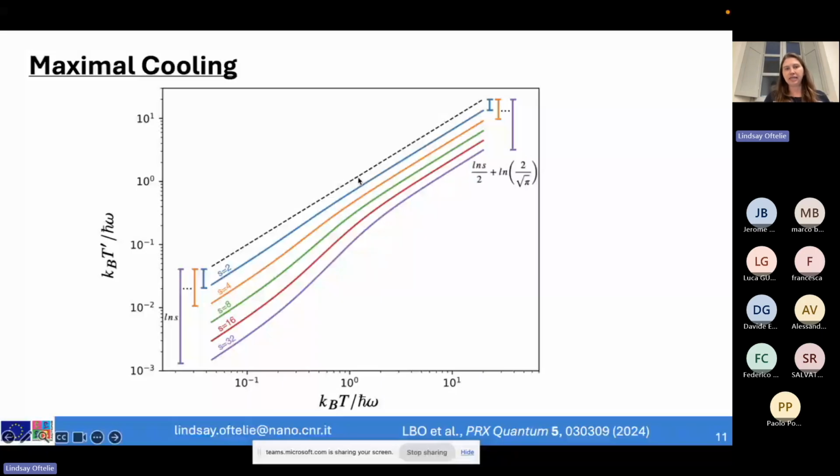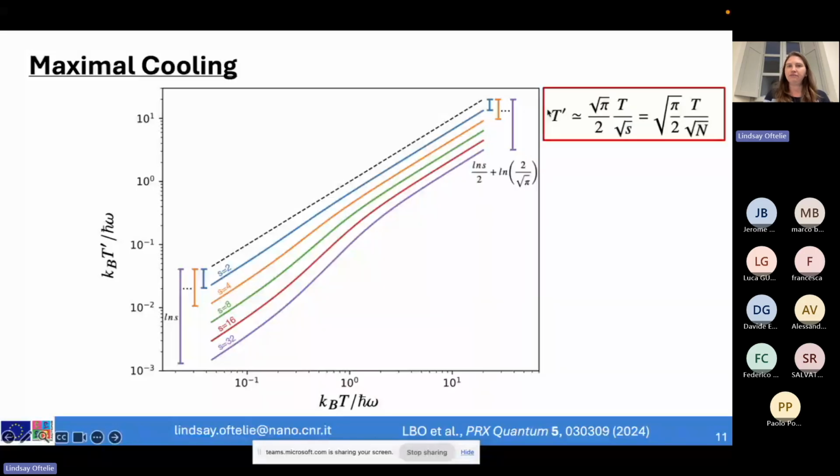And it says that anything below this line means that our system is being cooled. The different colored lines are for different system sizes. S is the number of qubits divided by 2. So this is for 4 qubits, 8 qubits, 16 qubits, etc. Now, in the high initial temperature regime, you see that as you add more qubits, you're not getting a whole lot more cooling.